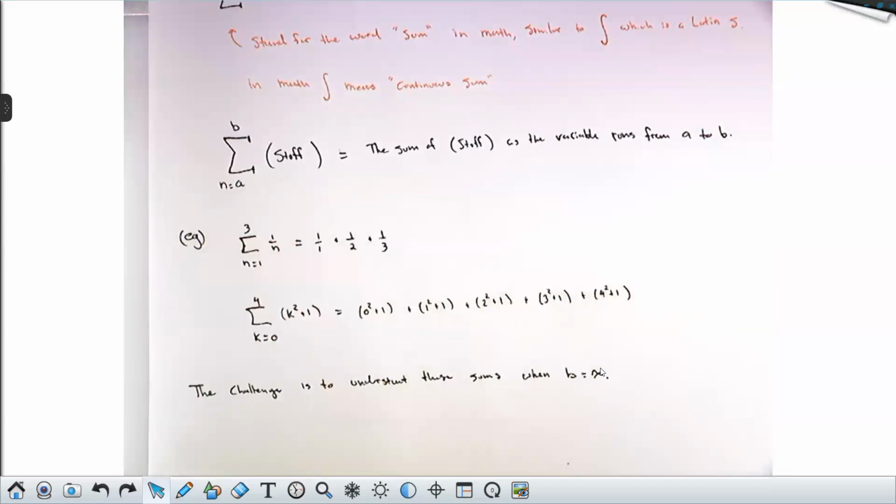The analogy runs so deep that we'll later have a theorem connecting the two. Here's how we're going to do this. Obviously, if the upper bound here was infinity, I'd have 1 over 1 plus 1 over 2 plus 1 over 3, but then it wouldn't stop. 1 over 4, 1 over 5, 1 over 6, 1 over 7, and it would go on and on forever.